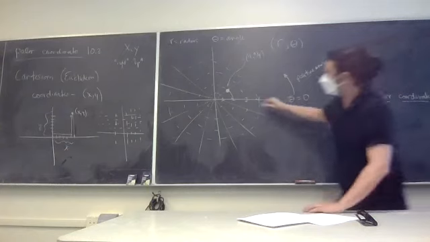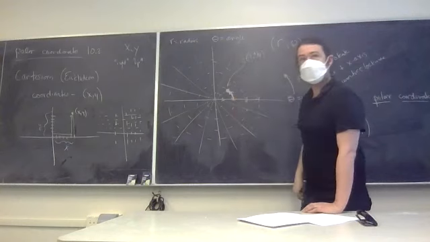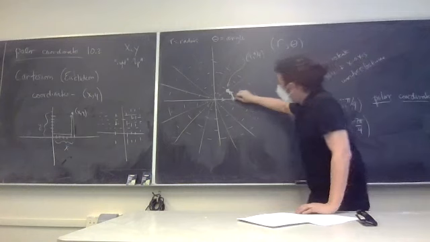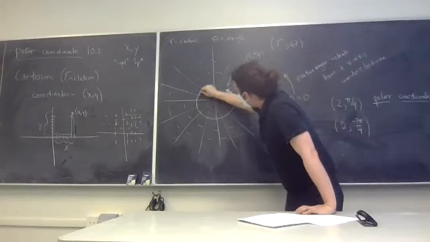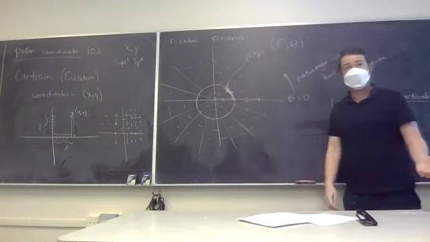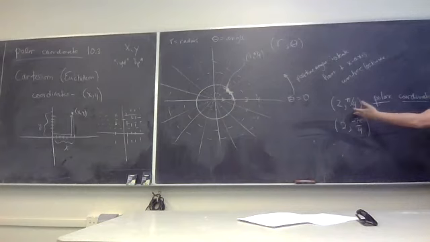So this point said go this way by pi over 4. This point says get on the circle of radius 2 and go backwards 7 pi over 4 radians, which puts you at the same point. So rotating backwards by 7 pi over 4 is the same as rotating forward by pi over 4, which is irritating.